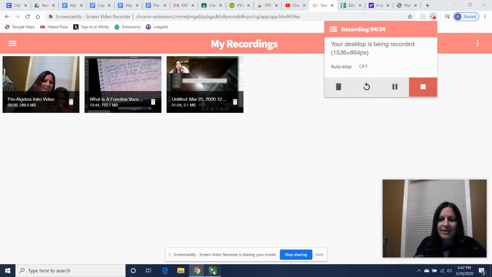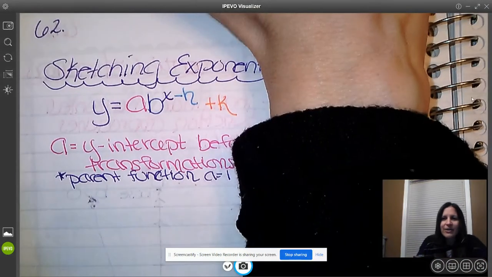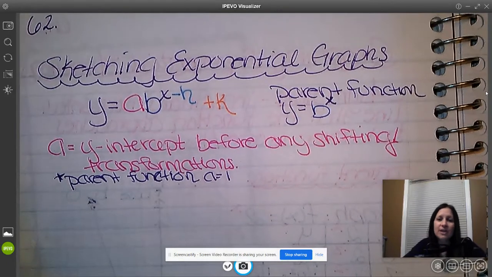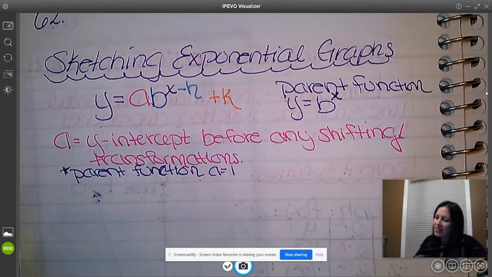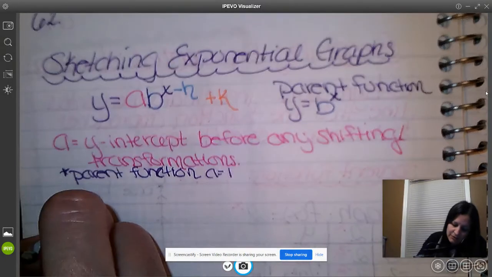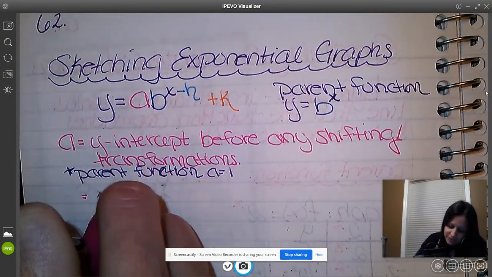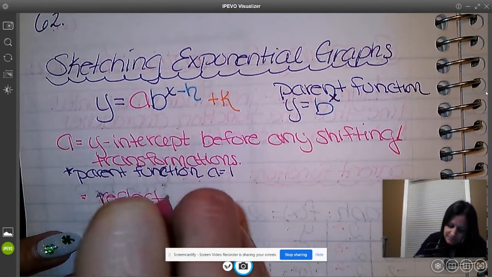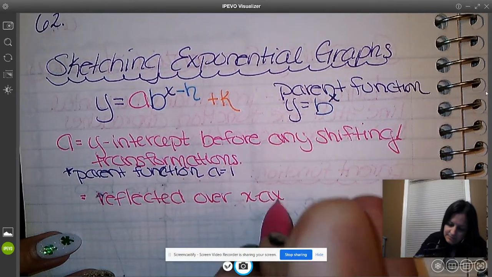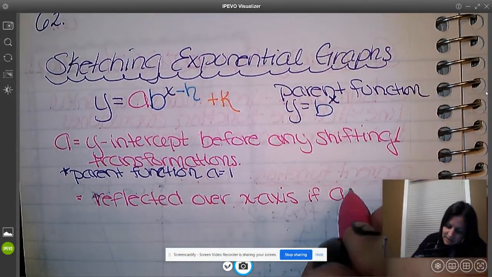Okay, sorry about that. So that a value, as we said, is the y-intercept before any shifting. The a is also going to tell you if your function is reflected over the x-axis if a is less than 0.